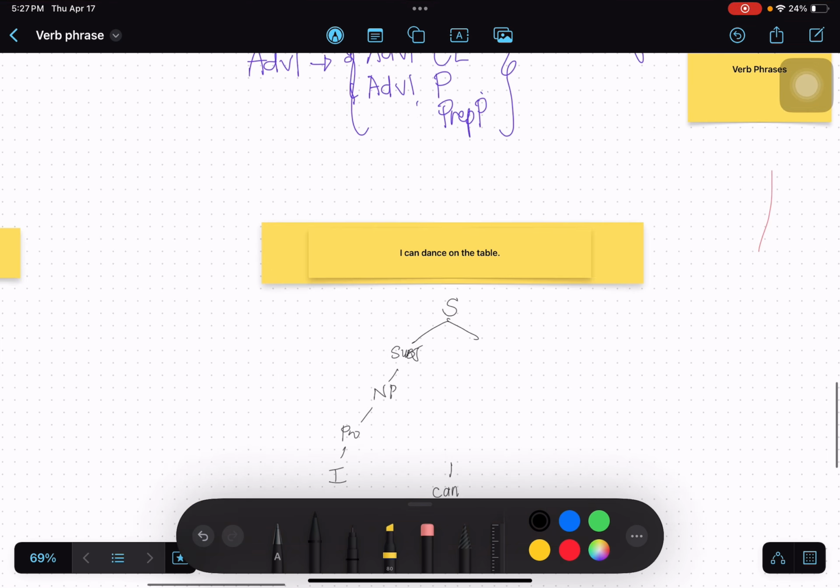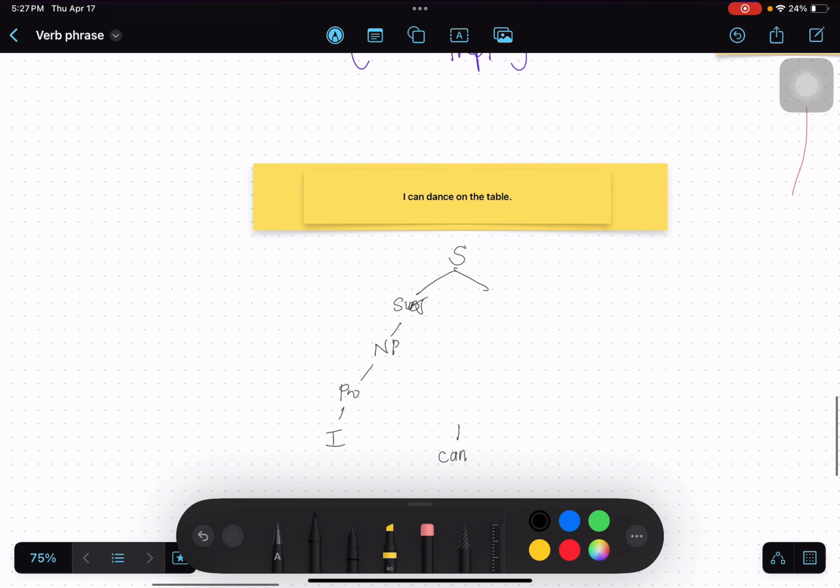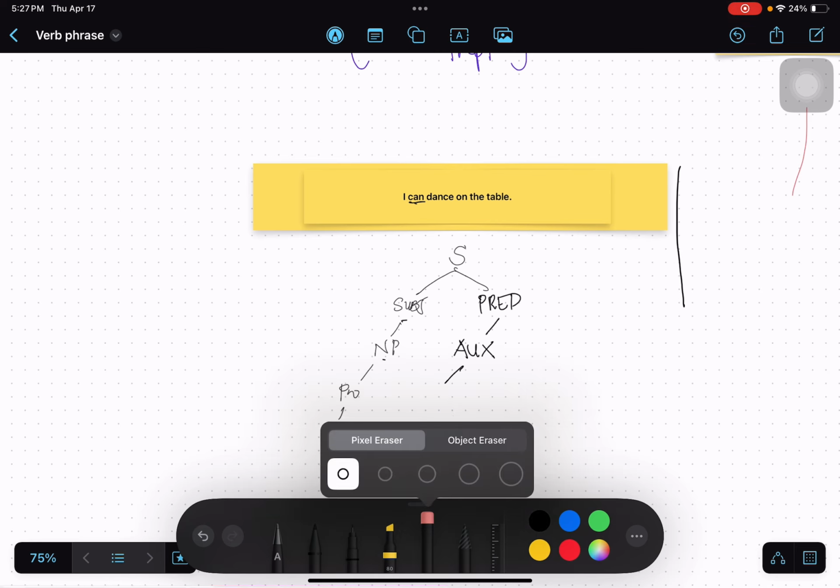So the first one is "I can dance on the table." If you're going to analyze this, we already have the word "can," which means that is a modal. So we have the subject, NP, pronoun I, and then we have the predicate. And with that predicate, we use the word auxiliary. Of course, it's either a tense or a modal.